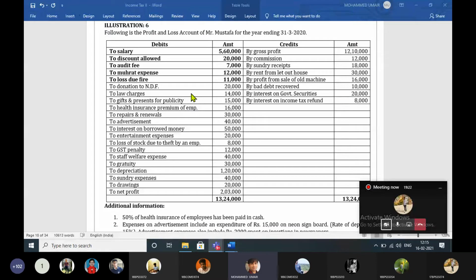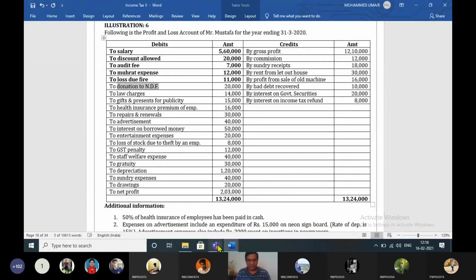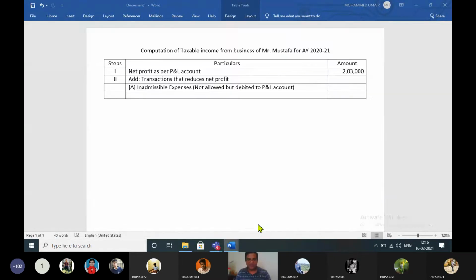NDF is National Defense Fund, and you people are aware that any kind of donation, no matter to whom it is given, why it is given, the moment you see donations, it is expressly inadmissible. So it doesn't matter to whom it is given. So donation to NDF, for the purpose of deducting this from P&L account from business, is an inadmissible expense. So we won't be allowing this as an expense.